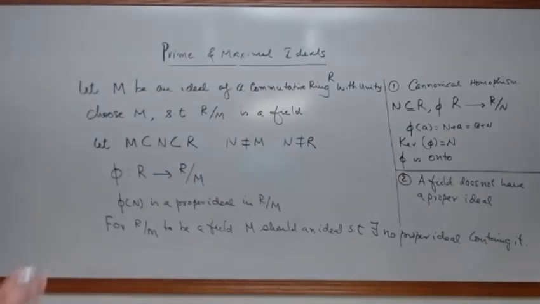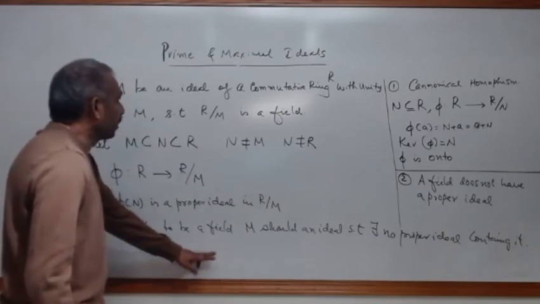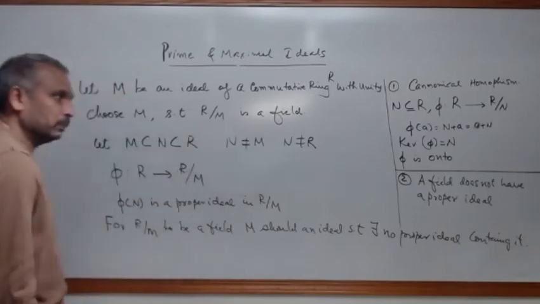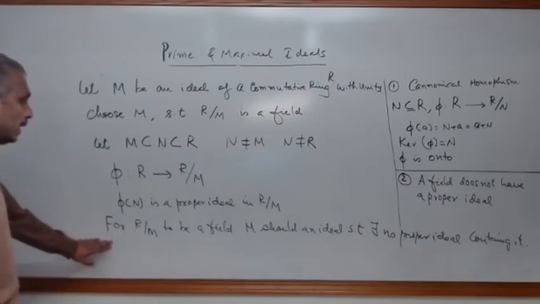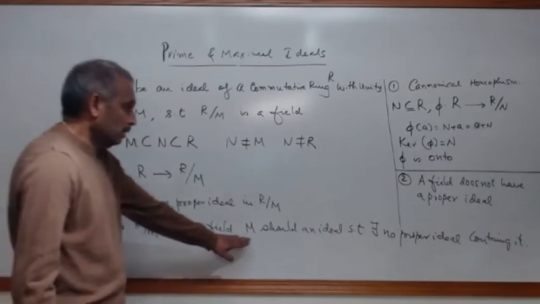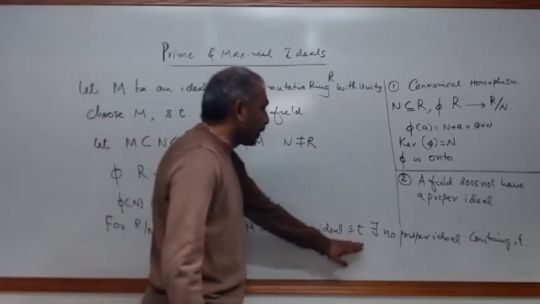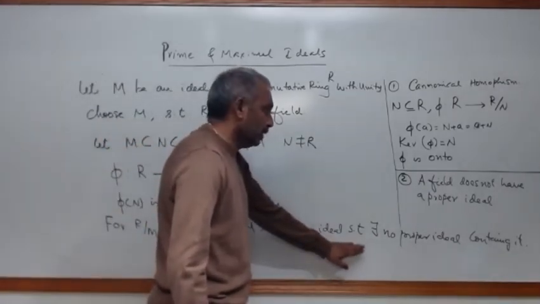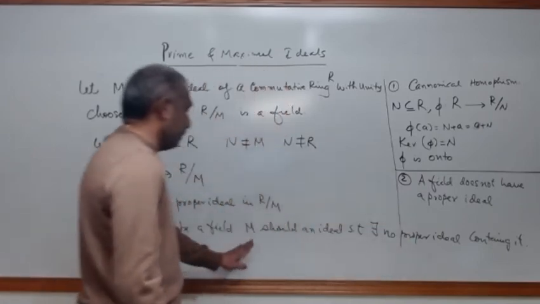In that case, R by M is a field. And that is the definition of a maximal ideal. An ideal M of R is maximal if there does not exist a proper ideal in R that contains M.